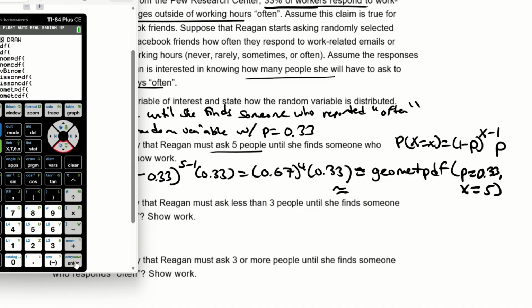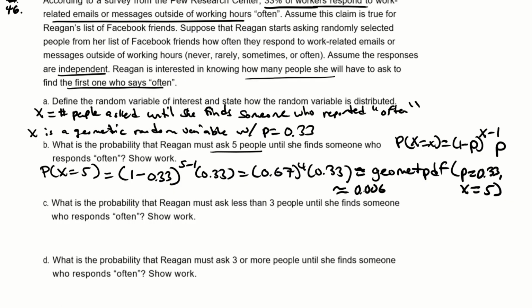All right, we got p is 0.33, down, and then we got 5 for the X. Okay, so there you go. 0.0665 around there. I'm just going to round it to 0.066.